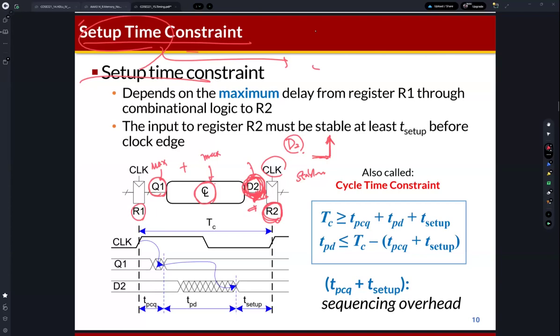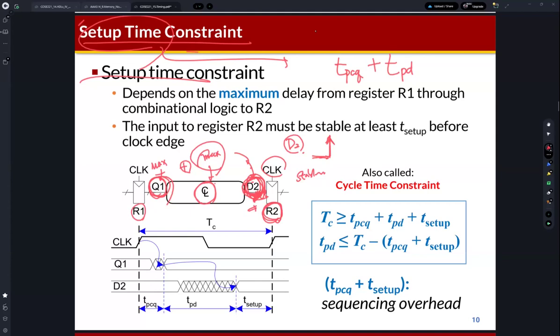So max plus max becomes the maximum delay for this D2. The maximum delay of Q1 is the T_pcq, the propagation delay of the flip-flop. And the maximum delay of the combinational logic is the T_pd, the propagation delay.